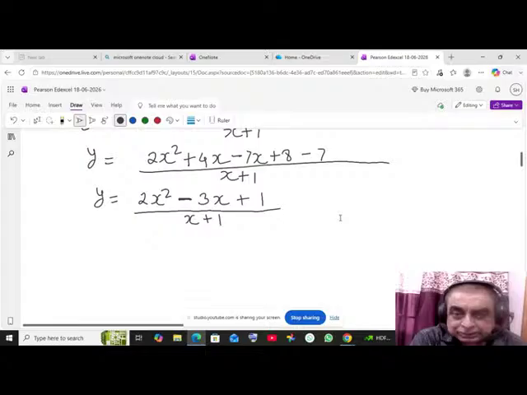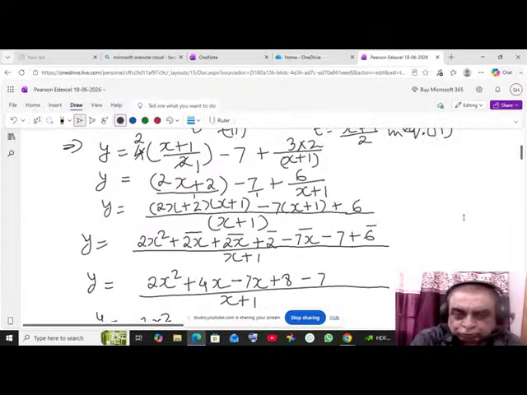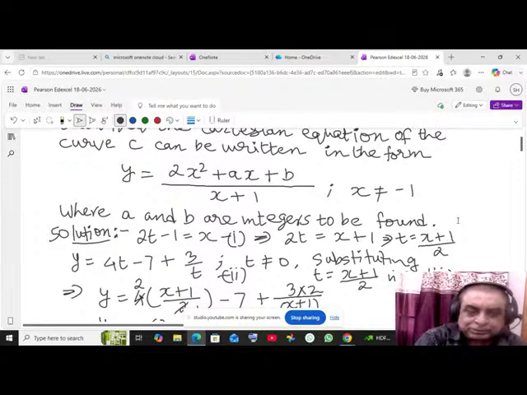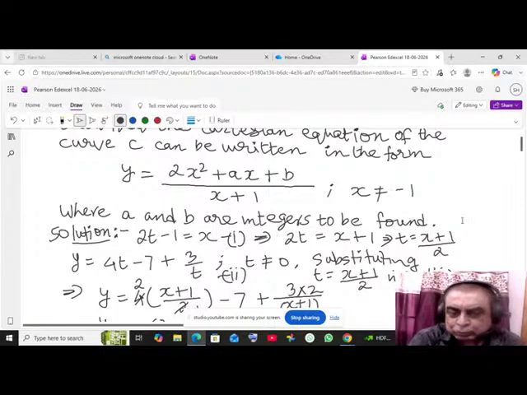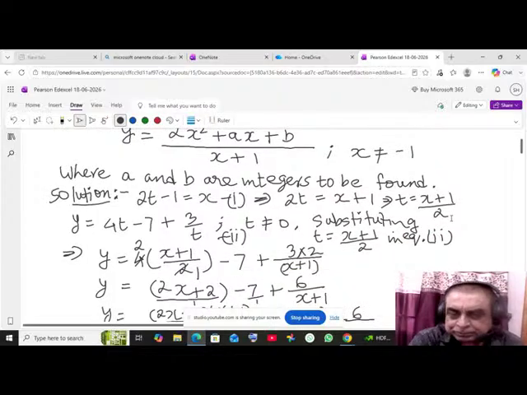Okay, so now what was told to us in the question? We were told in the question that the Cartesian form of the equation will be of this type: y is equal to 2x squared plus ax plus b upon x plus 1, where a and b have to be found out.